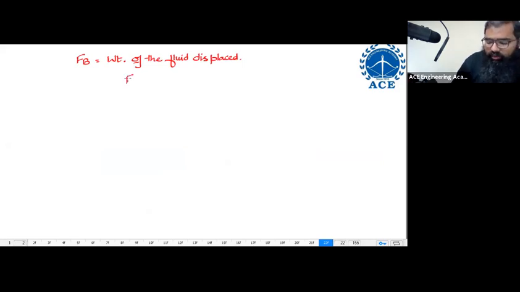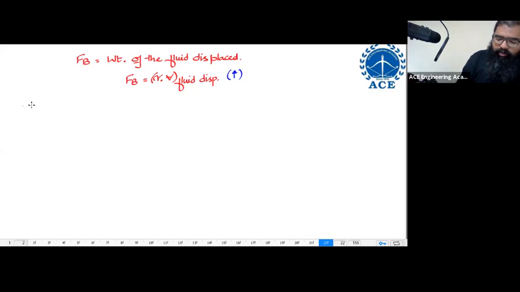Therefore, the formula of FB happens to be equal to gamma times the volume of fluid displaced. And this FB shall always be in which direction? Vertically upward direction. It's an upward thrust. Fine, accepted till here.